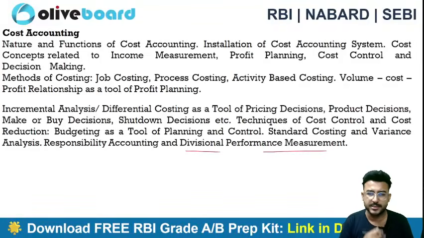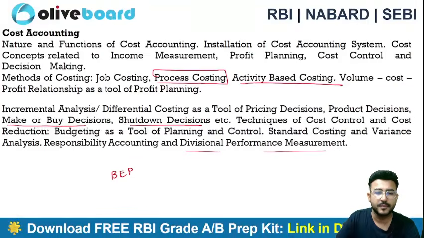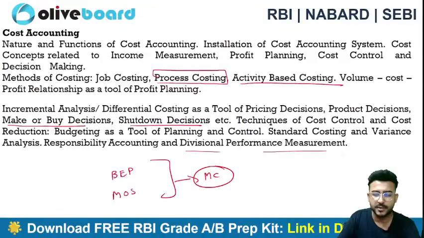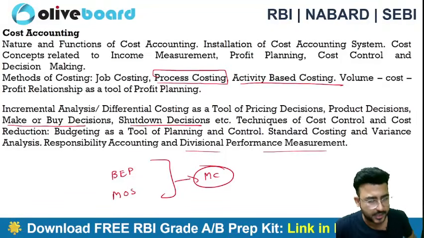Sir, what kind of questions can come in the examination when it comes to numericals? If I talk about numerical questions, you can have questions from process costing, activity based costing, make or buy decision, shutdown decision, break even point, margin of safety. All these concepts are covered in your marginal costing. There is a chapter marginal costing, which is also called decision making costing.